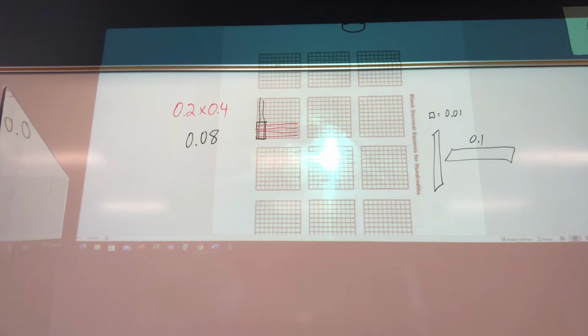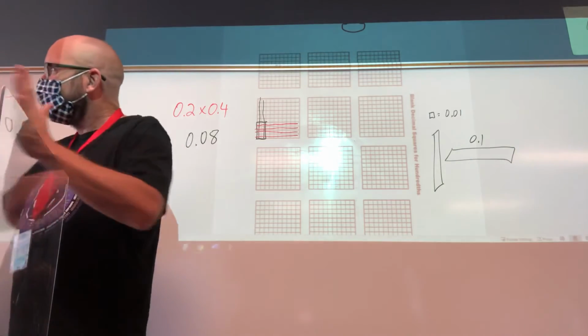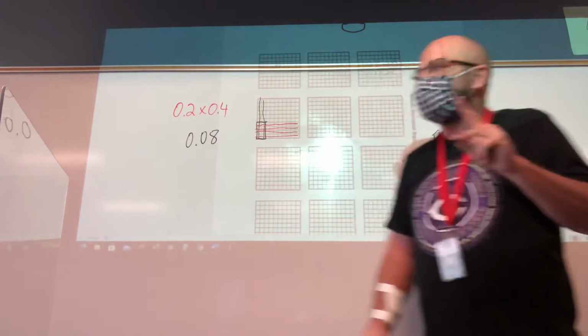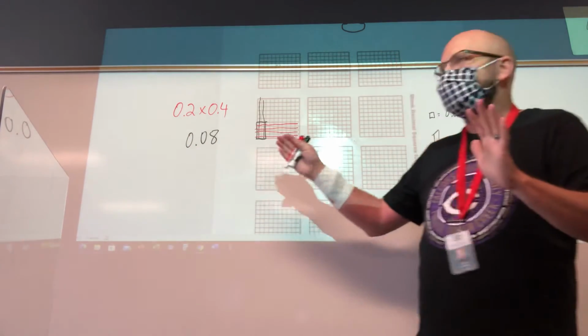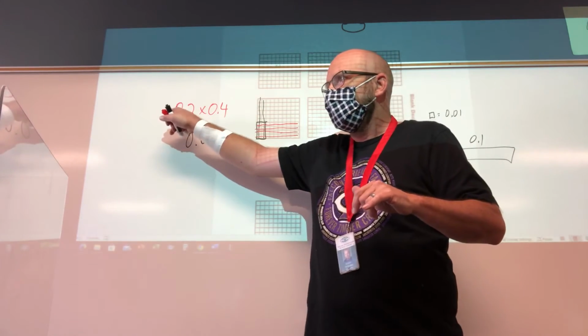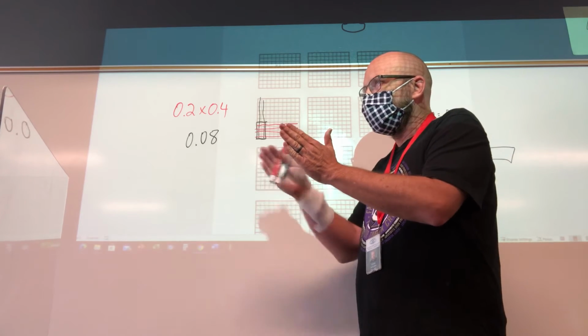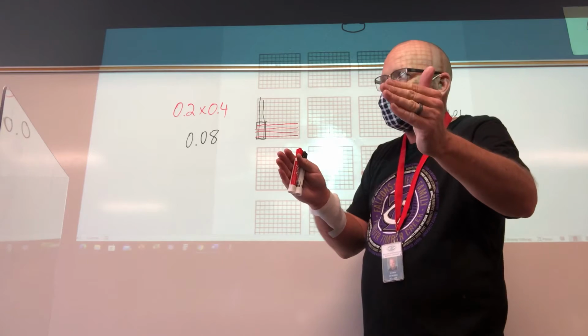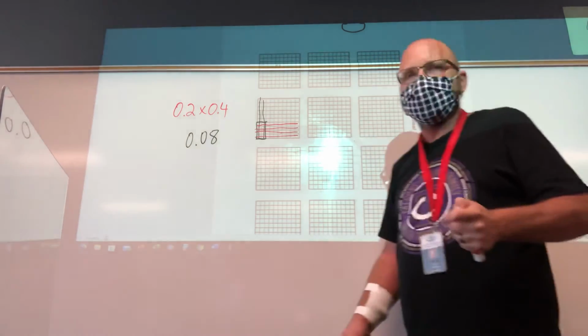So if I multiply a number by something bigger than 1, my number gets greater. I'm going through the whole explanation. If I multiply by 1, it stays the same. If I multiply by greater than 1, it gets bigger. These are both less than 1. If I multiply by less than 1, it gets smaller.